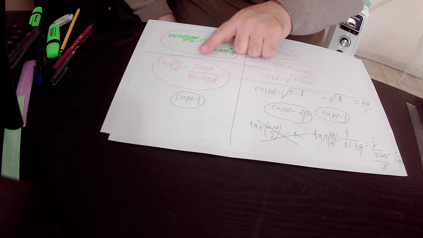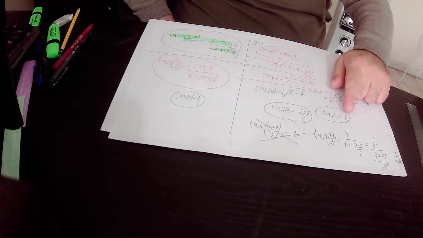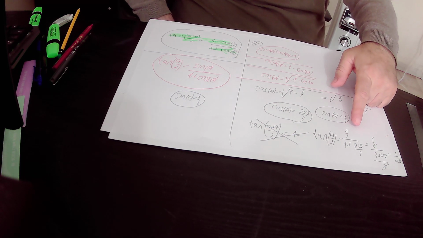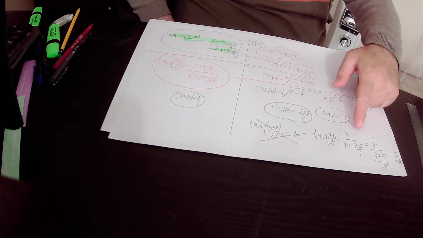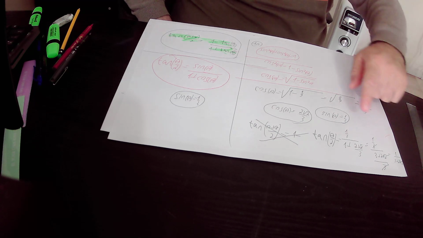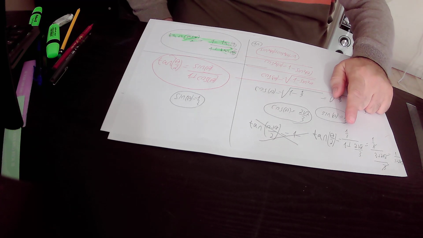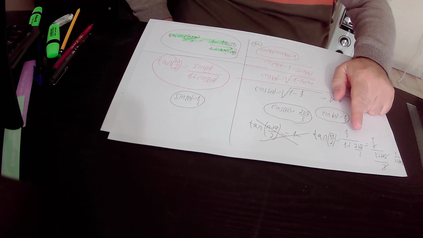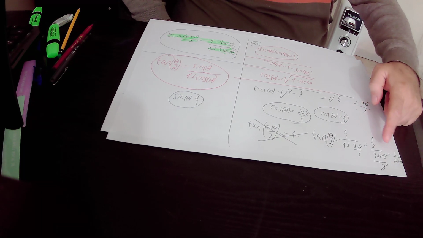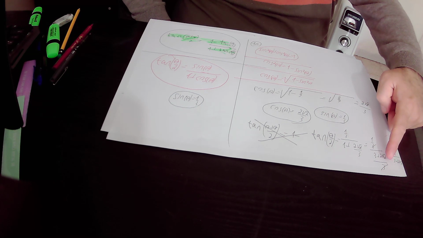We got that tangent theta over 2 equals sine theta, that is 1 over 3, over 1 plus cosine theta, and cosine theta is 2 times square root of 2 over 3. Here we multiplied 1 by 3 and then divided by 3 in order to have a common denominator with this expression. So we got that tangent theta over 2 equals 1 over (3 plus 2 times square root of 2) over 3. We have 3 in the numerator and 3 in the denominator, so the 3 will get cancelled.